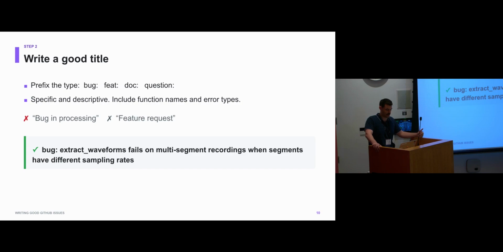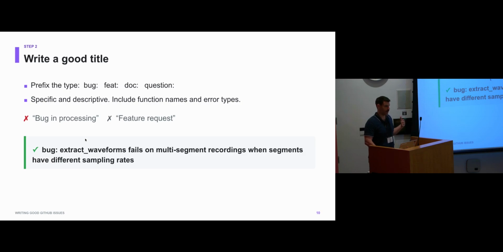And then after that, you should have something descriptive that really tells the developers exactly what is going on, and basically what you want here is something that they can search for and that they can immediately have enough details. So sometimes I see issues where the title is "bug in processing" or "feature request." These are bad titles. Please don't raise issues with these titles because they need to be something more specific.